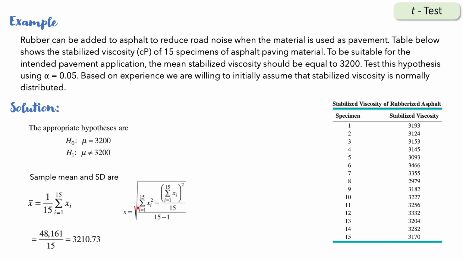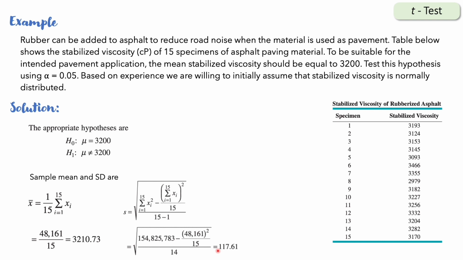This one is equal to the sum of the squares of these values, minus the square of the sum of these values divided by the total number of values, all divided by n minus 1. N minus 1 is equal to 15 minus 1, which is the degrees of freedom for t distribution, and we can solve it and get our value of sample standard deviation, which is 117.61.